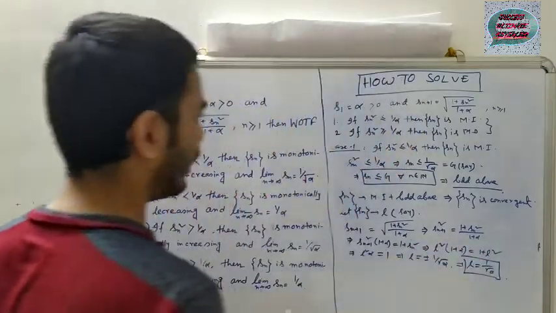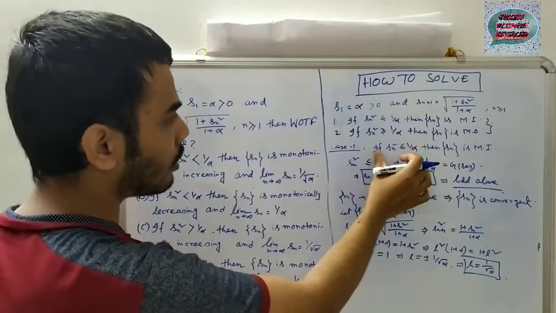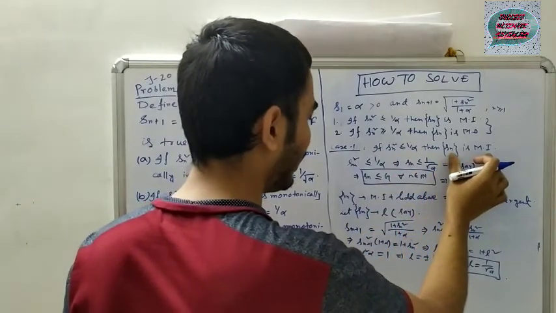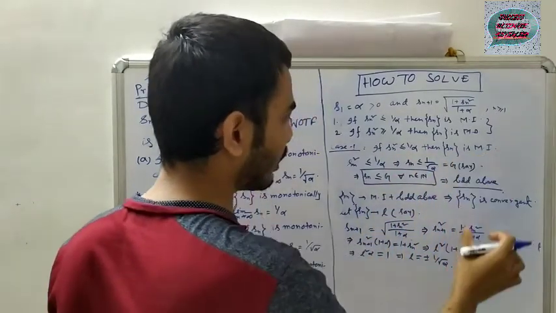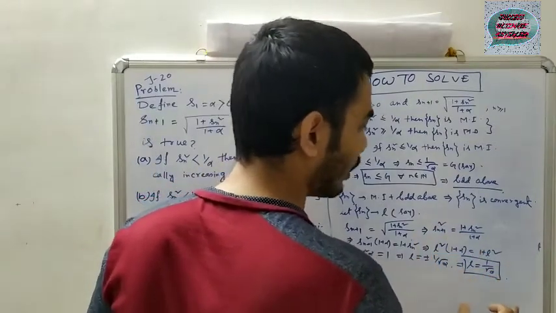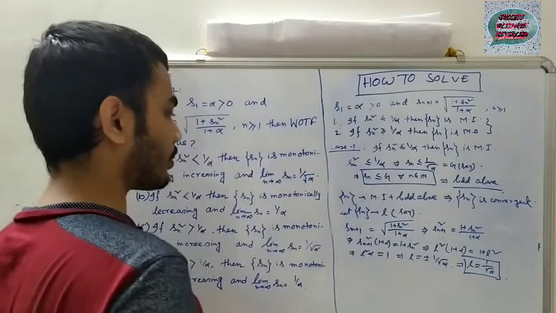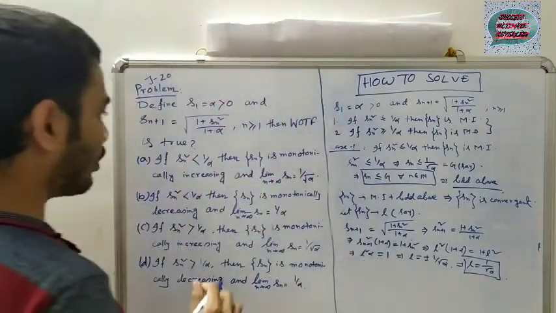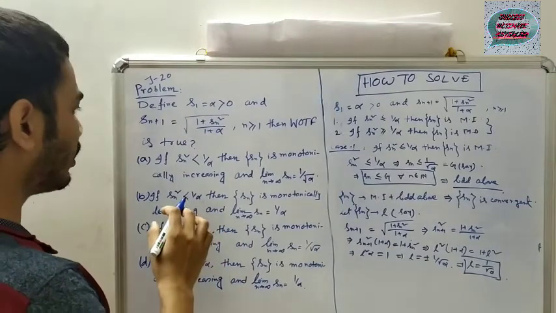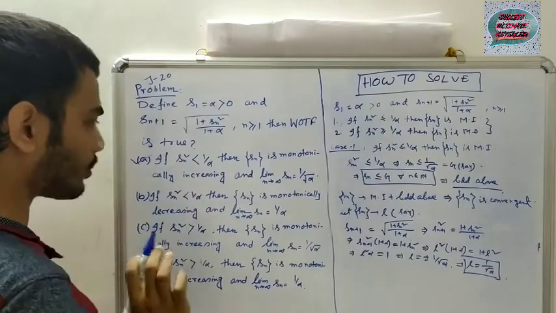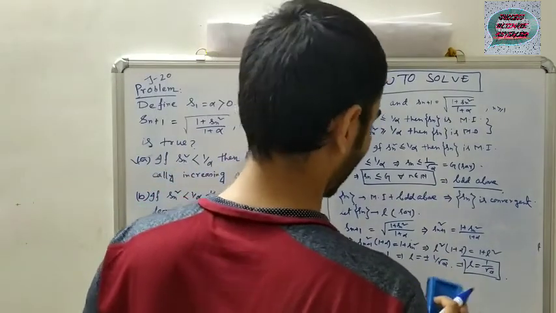So we conclude that if Sn square is less or equal to 1 by alpha, then Sn is a monotonically increasing sequence and Sn converges to the limit 1 by root over alpha. So from these options, we see that option A is correct.